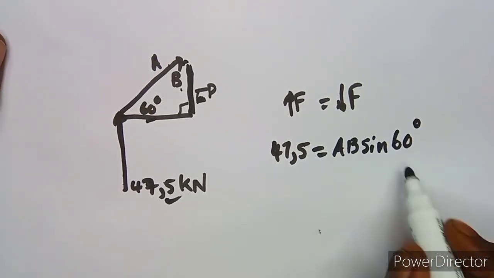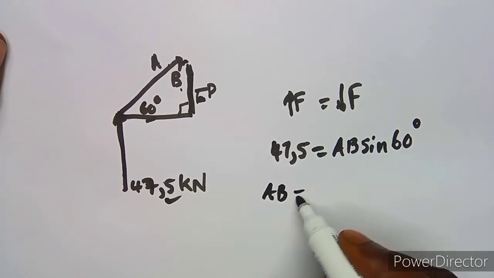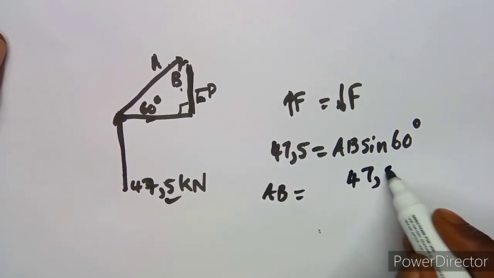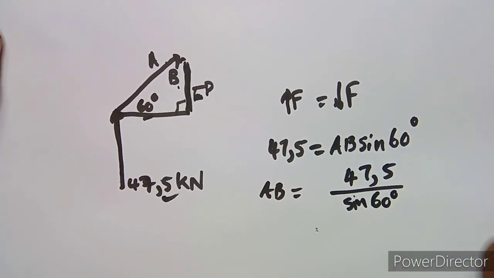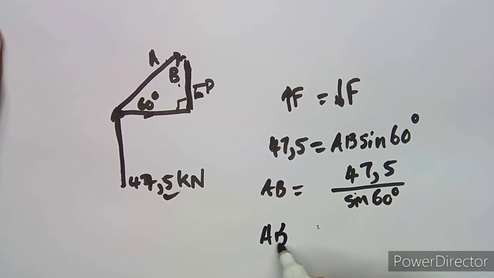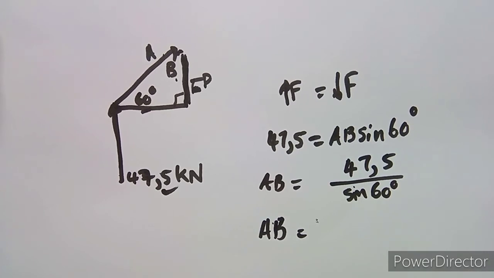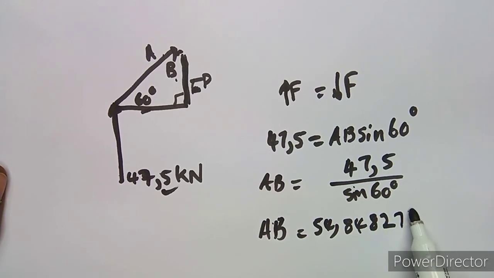So to find AB, divide by sine 60 on both sides. So our AB is going to be 47,5 over sine 60, which is one and the same thing. So from this part, you can actually calculate our AB, which in this case, using your calculator, you're going to obtain something like 54,848.